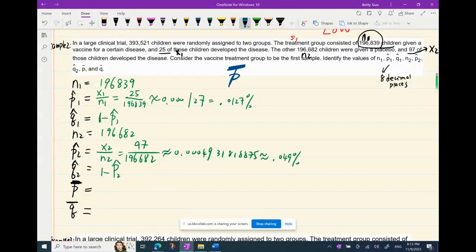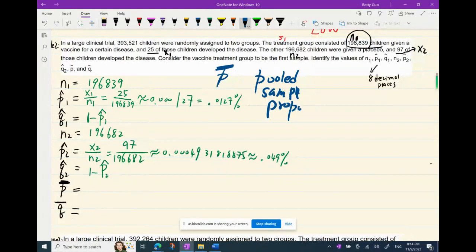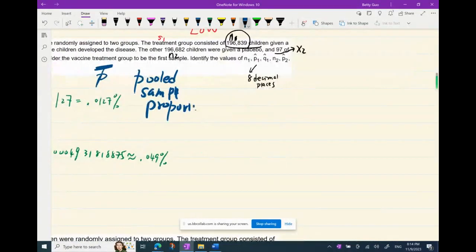When we put sample 1 and sample 2 together to make a bigger sample, P bar represents the proportion of that sample. It is called the pooled sample proportion.